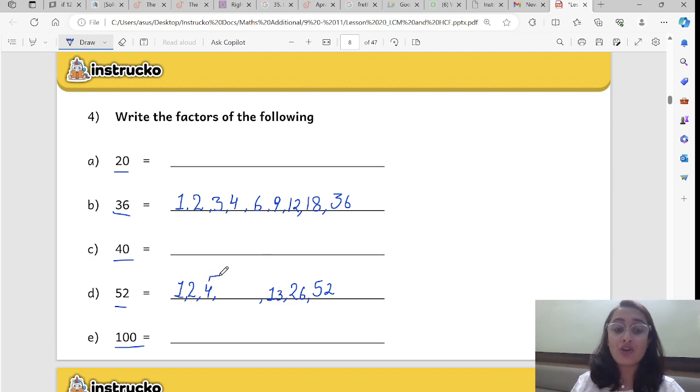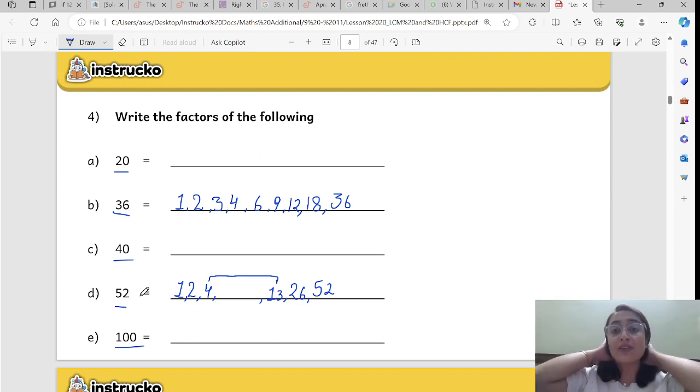Now make sure if there is any remaining factor left, it has to be between 5 and 12. So let's check all the numbers from 5 to 12. 5 is not a factor of 52 because it is not divisible. Okay, 6. How can we check whether 6 is a factor of 52 or not? Sorry, whether 52 is a factor of 6 or not? Very simple.